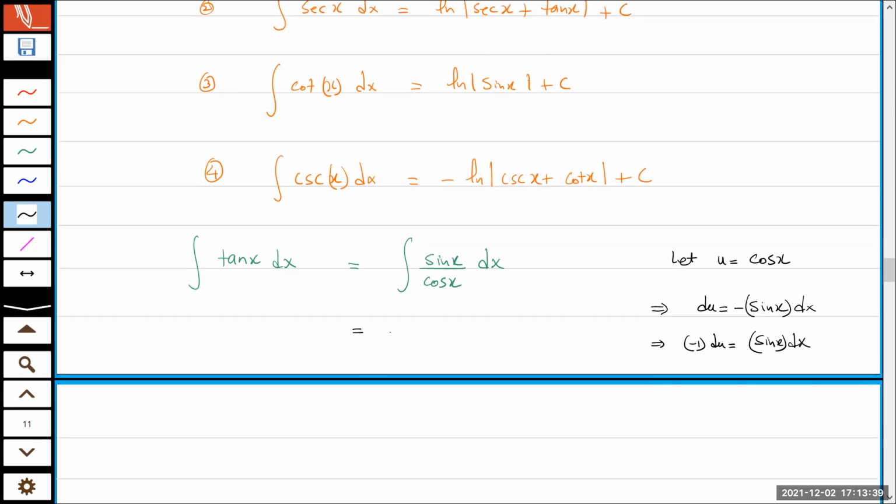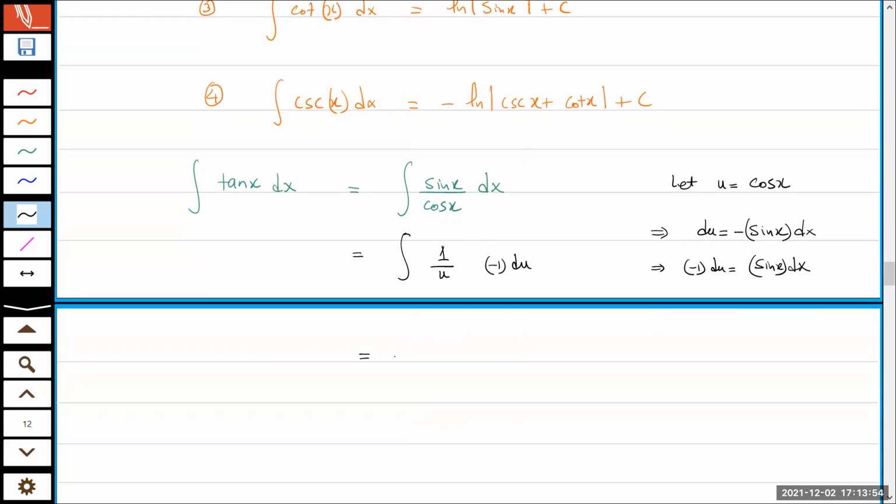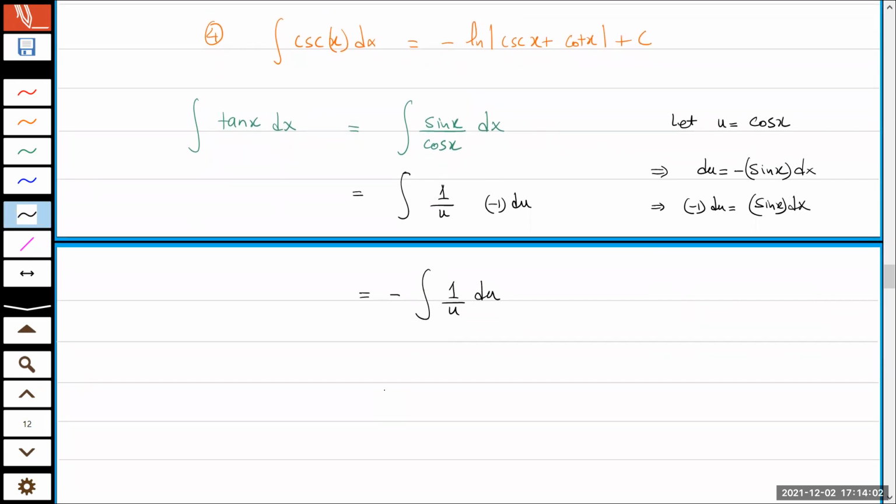This gives me the integral where sine x dx is negative du, and I have taken cos x equal to u. 1 over u times negative 1 du. I can rewrite this as negative 1 over u du. Now the question is, what is the function whose derivative is 1 over u? Or what is the antiderivative of 1 over u?